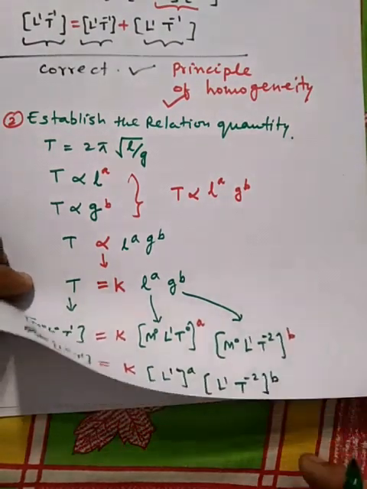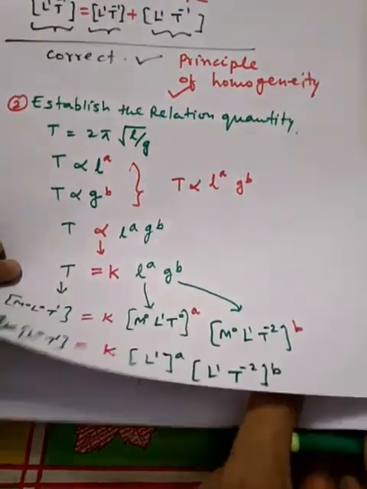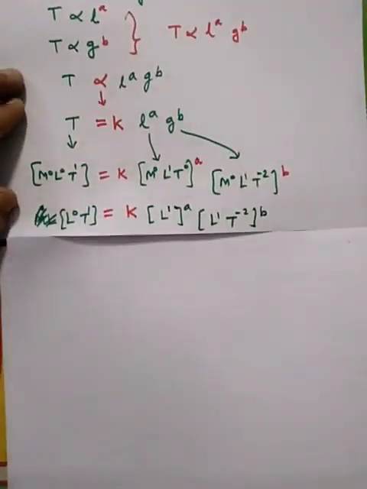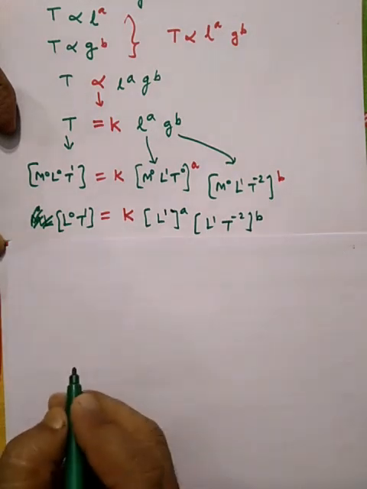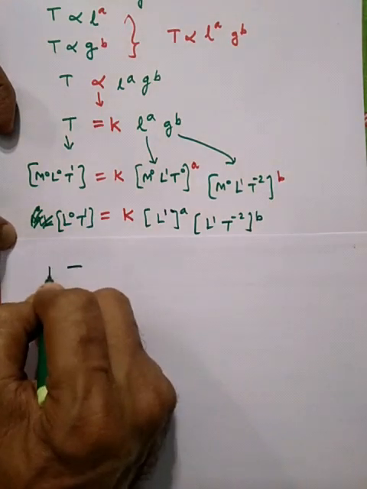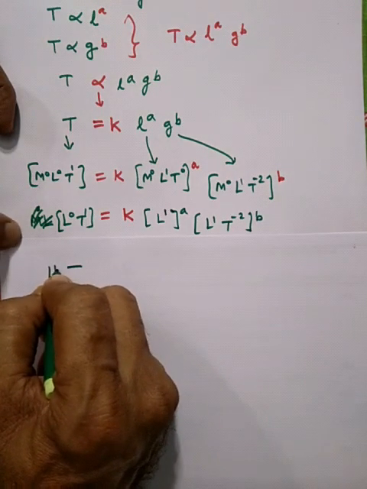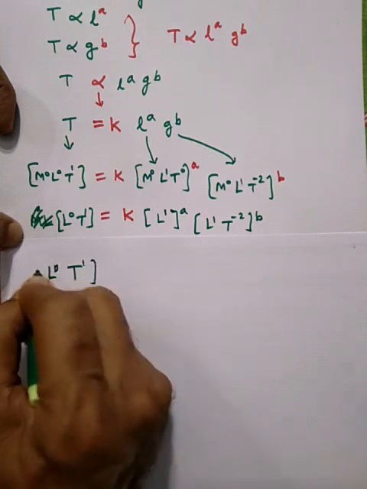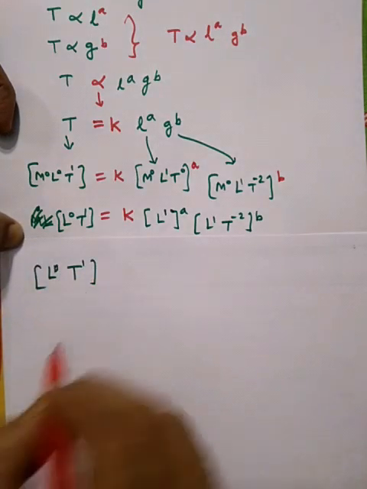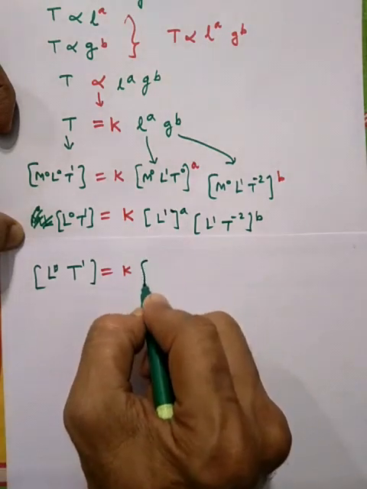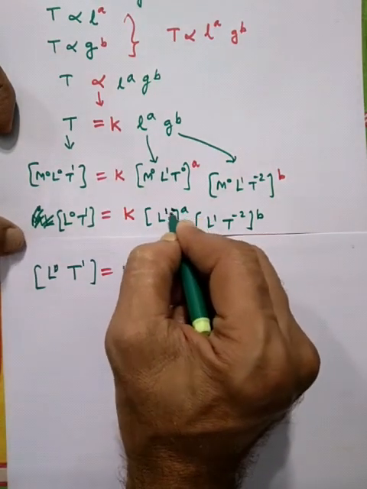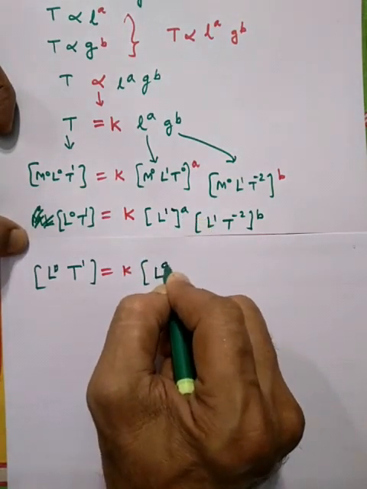Now writing these powers in another term: T raised to power 1 as it is, L0 T raised to power 1 on the left hand side as it is, equal to k as it is. L raised to power 1 raised to power a, 1 into a, L raised to power a.